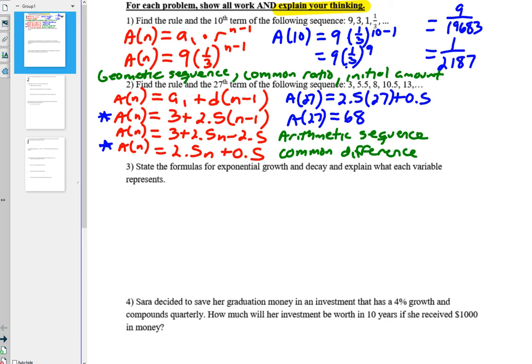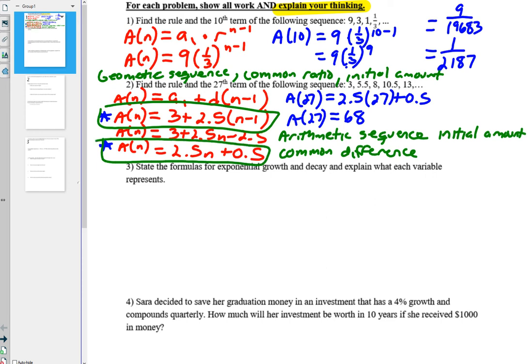Anything else? Yeah, you can talk about the initial amount again. Of the three, that's probably the least important one. But if you want to be more thorough, you can talk about how you came up with this, because the initial amount was 3 and so on. It's pretty good.